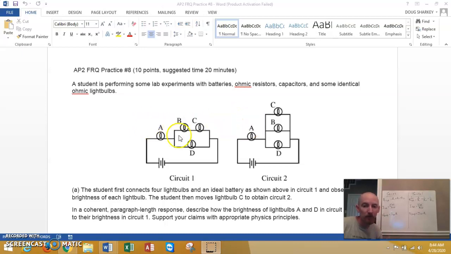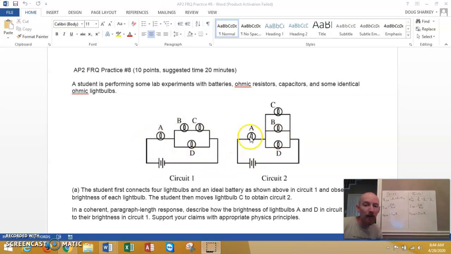These two circuits are essentially just series circuits. You have A in series with the combination of those three, and here, for this circuit, you have A in series with the combination of those three. So you have two series circuits here. Now, you get current coming out of your battery, and then it's got to come back in.